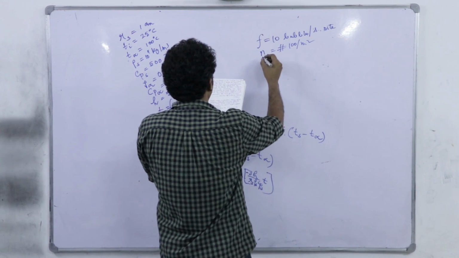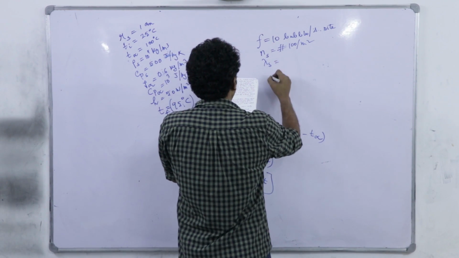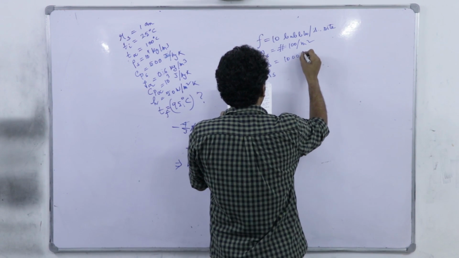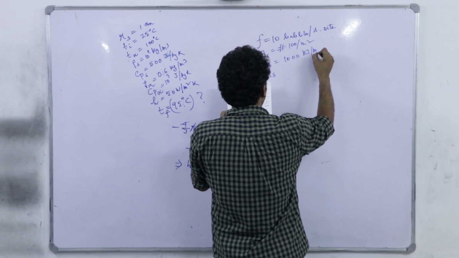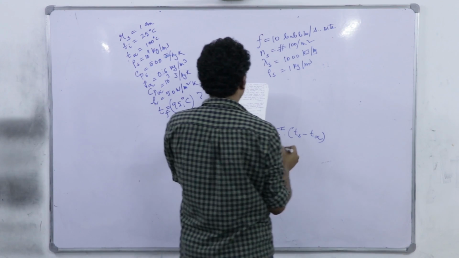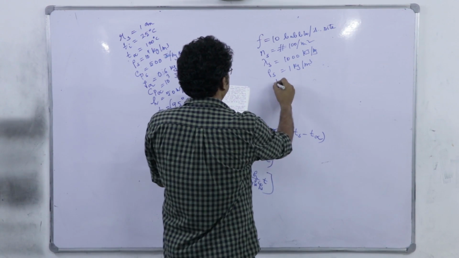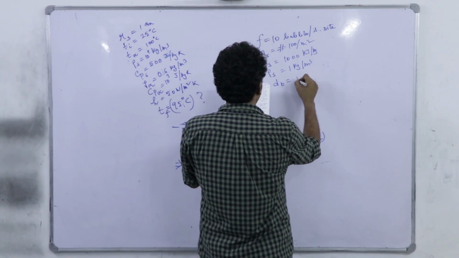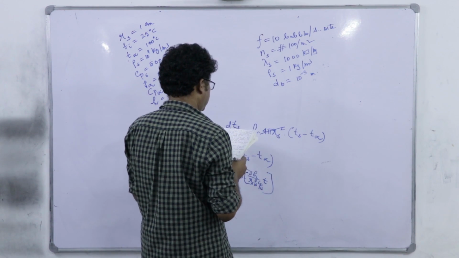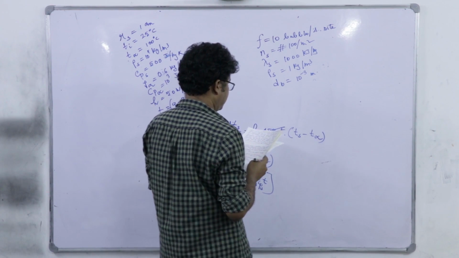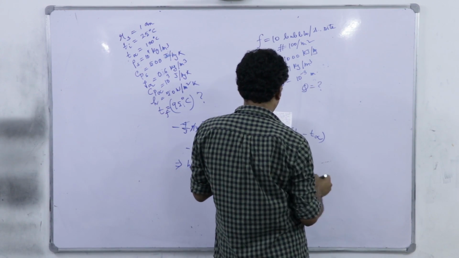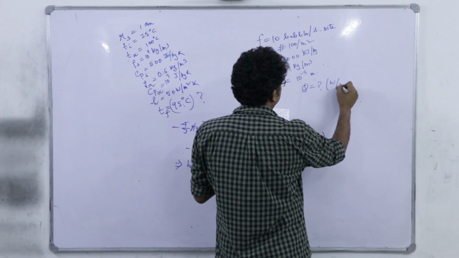The latent heat of vaporization and density of the vapor under operating condition are 1000 kilojoule per kg and 1 kg per meter cube. The diameter of the bubble dV is 10 to the power minus 3 meter. Assuming that the entire heat supplied is used up for vapor generation, find the heat flux q in watt per meter square.